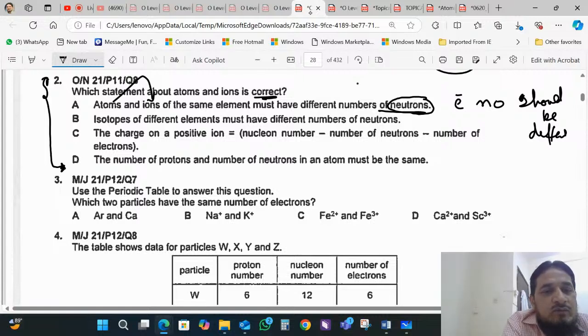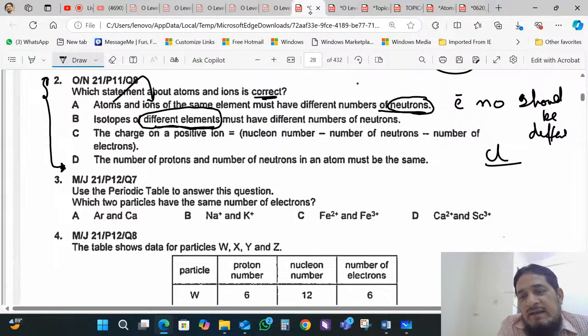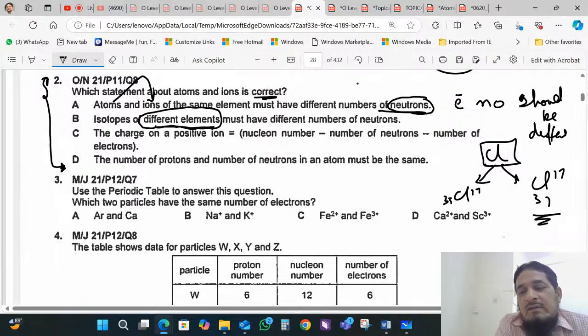No, he is saying isotopes of different elements. We will not be concerned about different elements. Chlorine is an element, and its atoms can be 35 and 37. So these are different atoms of the same element, not different elements.